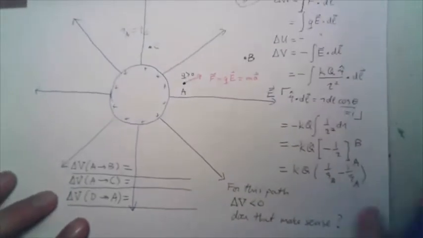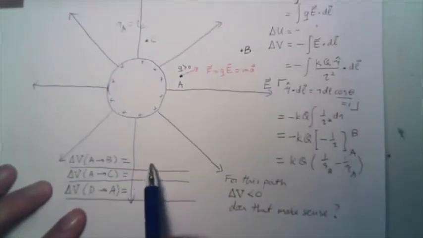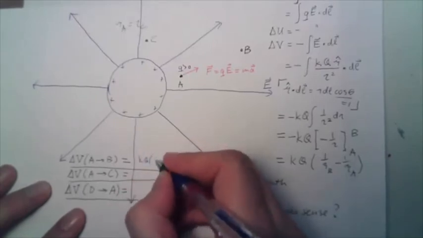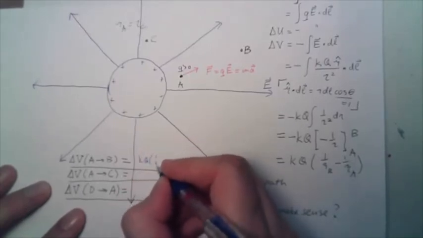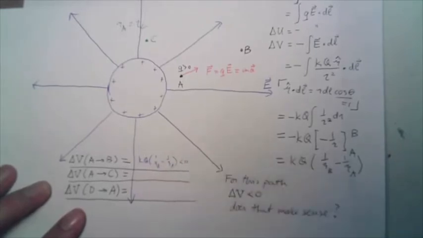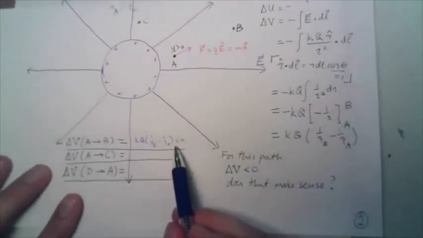So if we go from A to B, then we have this expression. So that's KQ times 1 over RB minus 1 over RA. And it is indeed less than 0. Some of you saw that correctly.